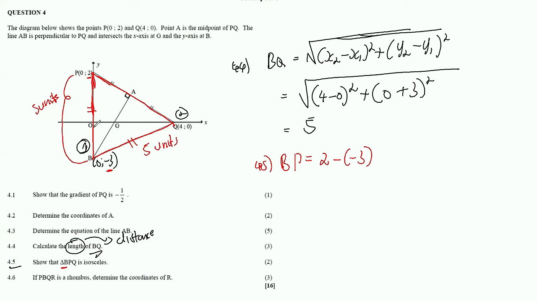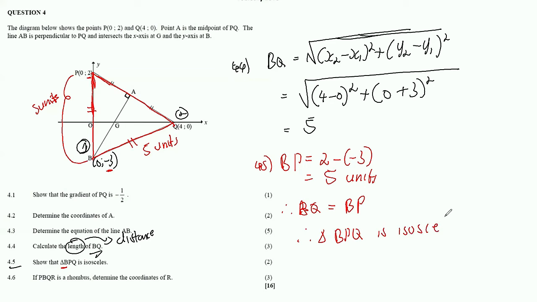So I take this one up there and then subtract the one here at the bottom. So that's 2 plus 3, which equals 5 units. But now that BQ equals BP, therefore our BQ equals BP. So this goes to tell us that therefore our triangle BPQ is isosceles.